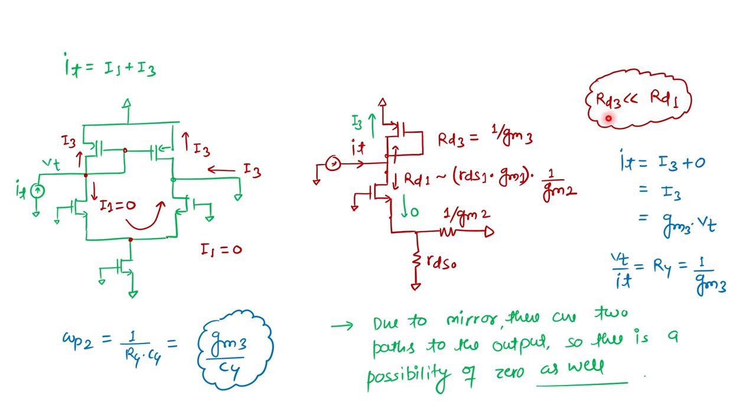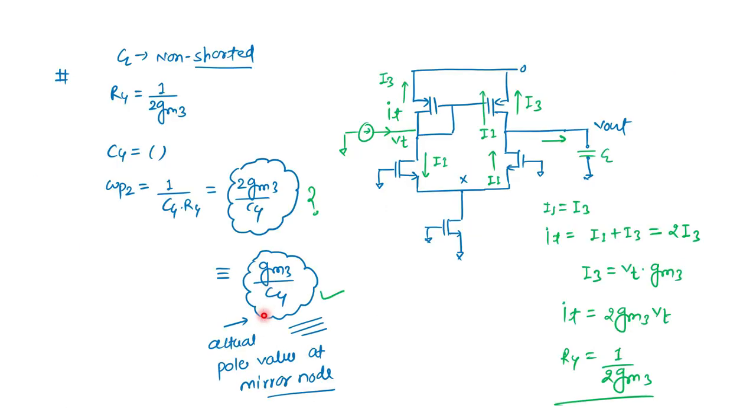RD3 is much smaller than RD1. Effectively, my IT current flows completely toward I3, so IT equals I3 and I1 is 0. From here, IT is nothing but GM3 VT, so VT by IT, which is RY, equals 1 upon GM3. When we put this value here, we get omega P2 as GM3 by CY, which is the desired result. This is the actual pole value at the mirror node.